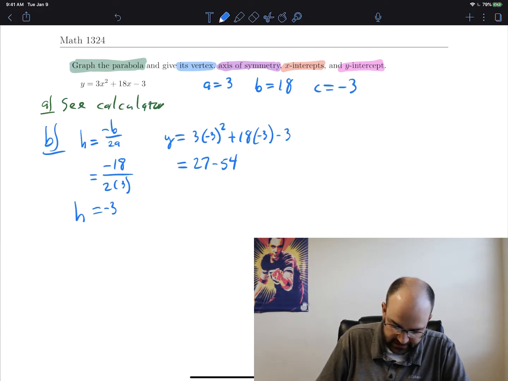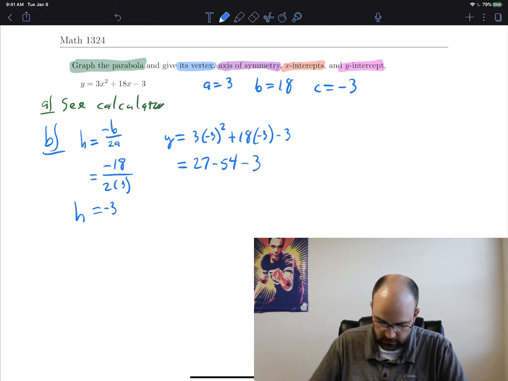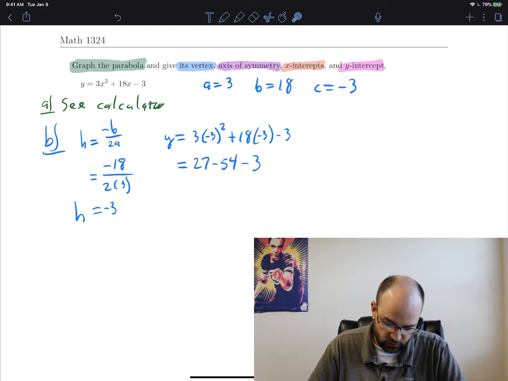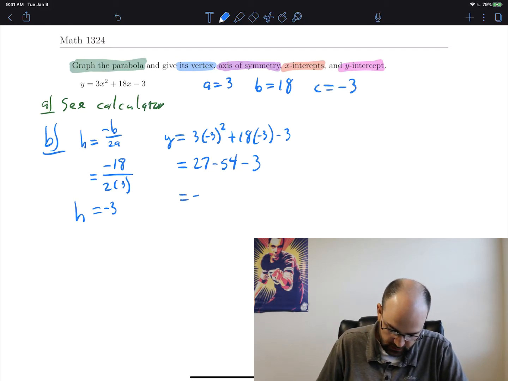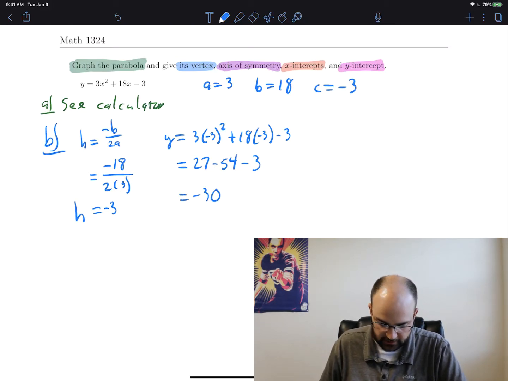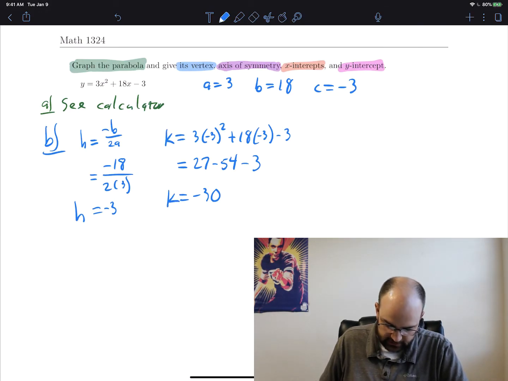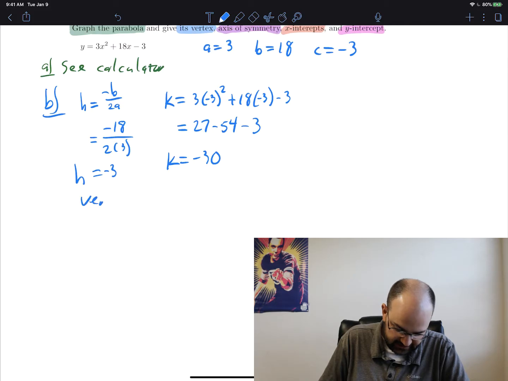Then, of course, the minus 3 at the end. So, negative 57 plus 27 should be negative 30. I really should say k there. That means that the vertex is the coordinate negative 3, negative 30.